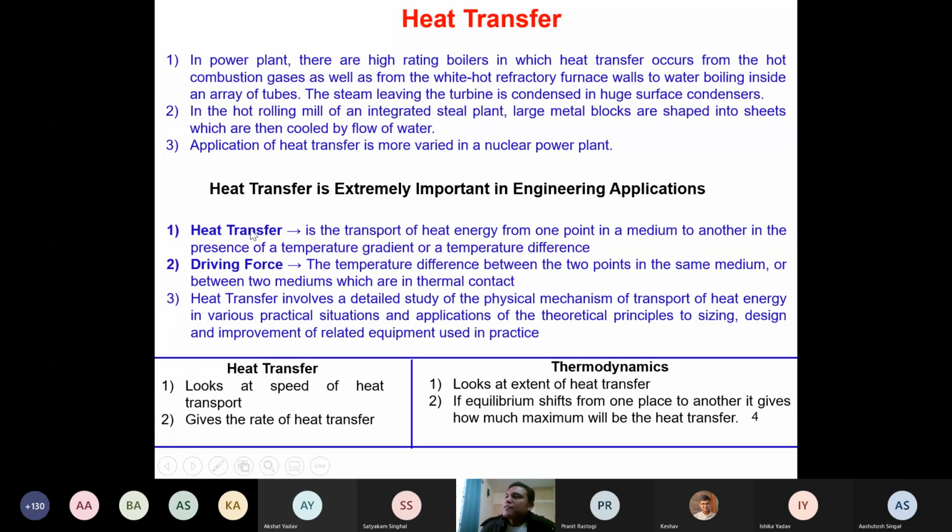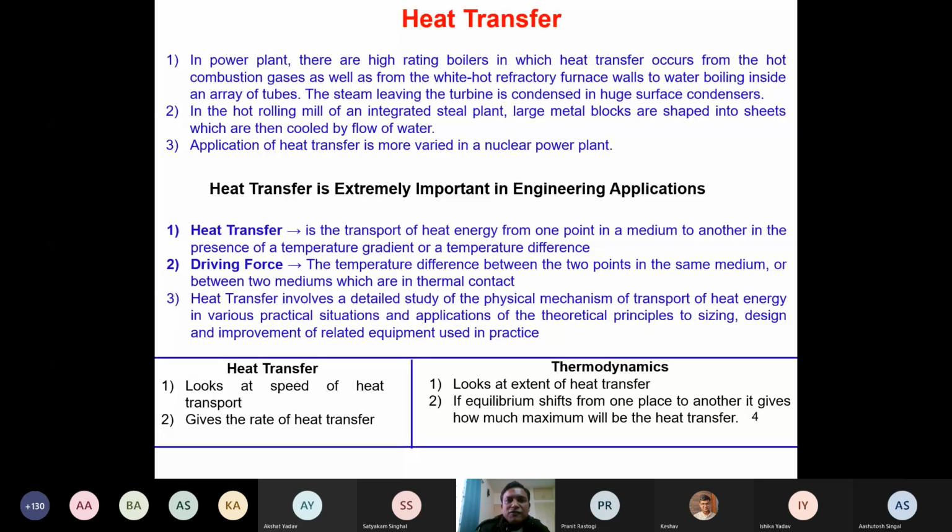Okay. So now what is heat transfer? Again, I am going through the basics. I'm sure you all have gone through these details in your JE days, but just for the sake of continuity, I'm still going through these details again. So heat transfer is the transport of the heat energy from one point in a medium to another in the presence of a temperature gradient or a temperature difference.